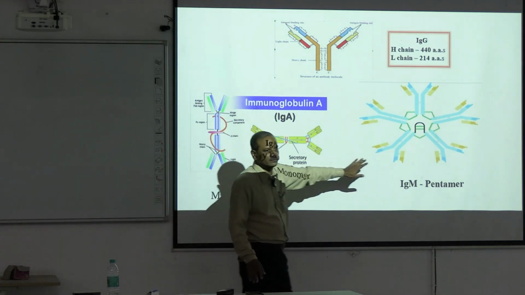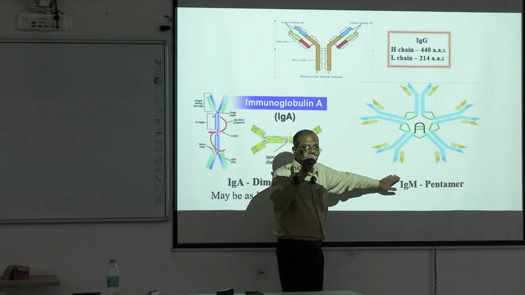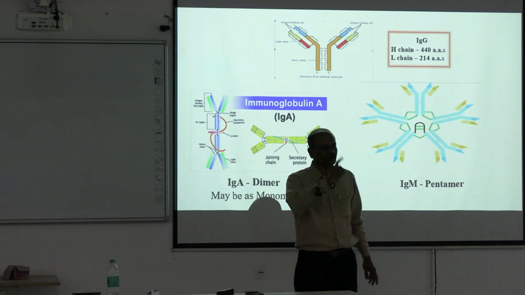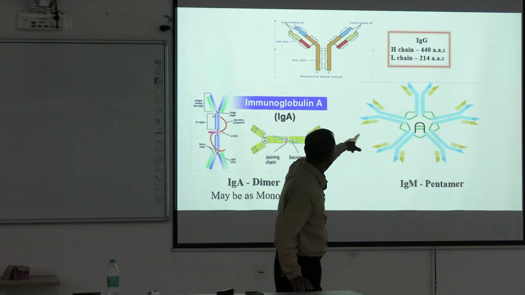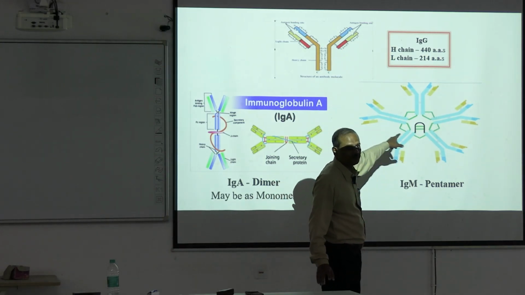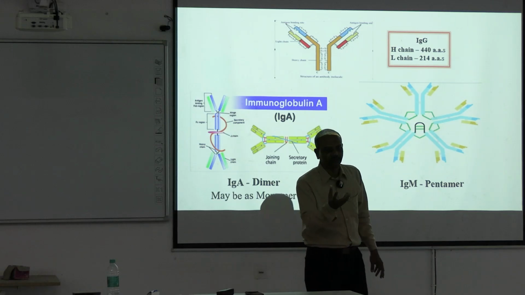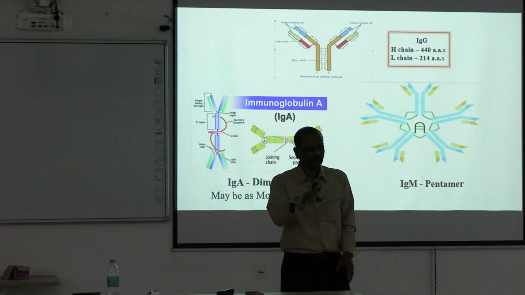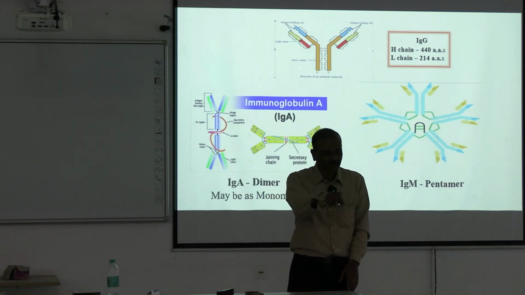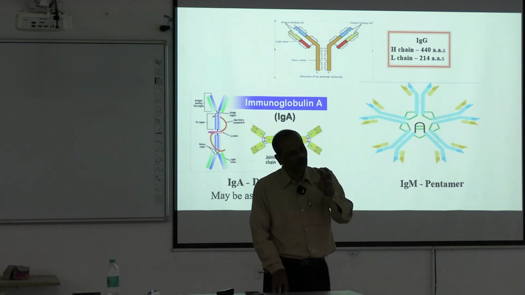This is the pentamer. The pentamer has high agglutinating activity because it can bind 10 antigens, causing visible clumping. In blood grouping, RBC is a particulate matter.